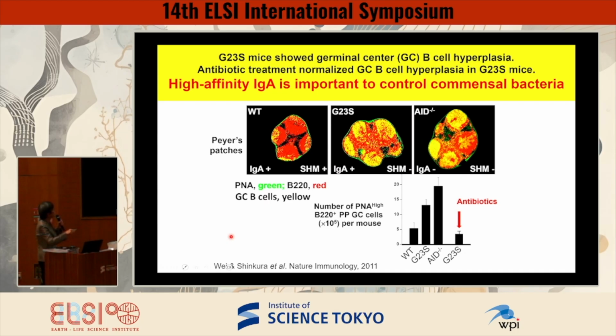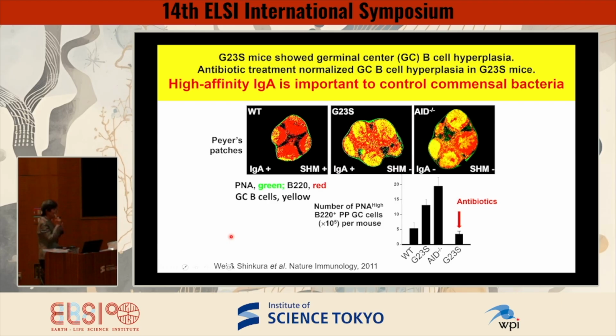As you see here, the G23S mice, even though they produce plenty of IgA, somehow have enlarged Peyer's patches and germinal center B cell hyperplasia. Why does this happen? They are living in a specific pathogen-free, very clean area with no pathogens around, but they look like they have some inflammation.